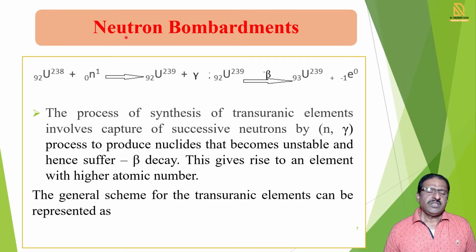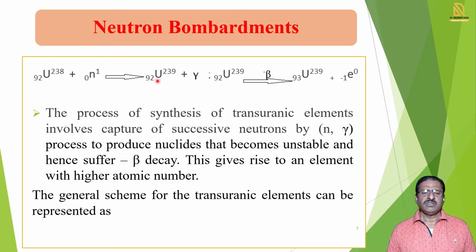So we take here uranium 92 238, means uranium which has atomic number 92 and atomic mass 238. On that we bombard one neutron. So the neutron has no charge, but it has one mass. And when that neutron is bombarded on that uranium 238, then at that time the mass of that uranium increases by 1.